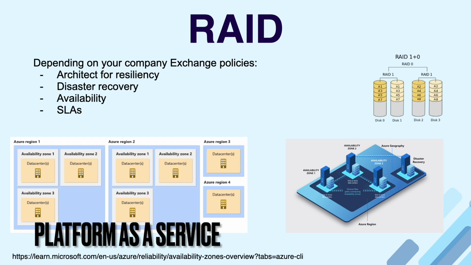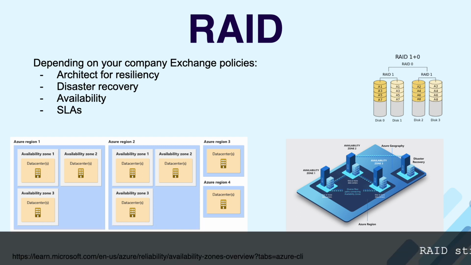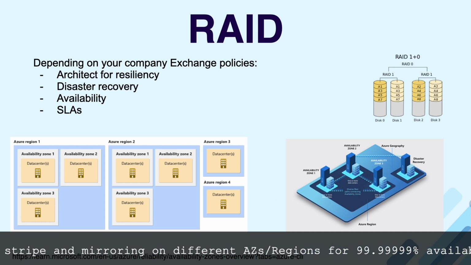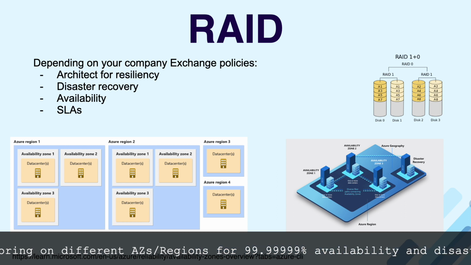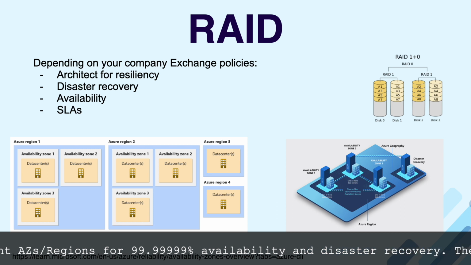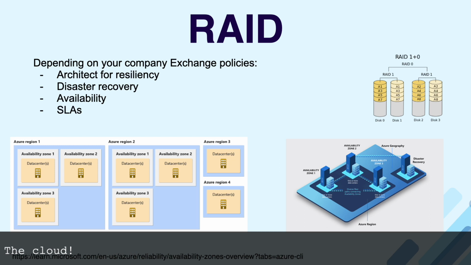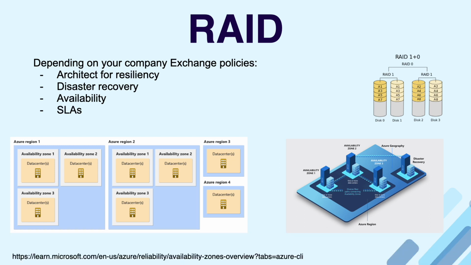In my opinion, the main database is a striped database, and then that striped database goes to RAID 10 on different availability zones. It can be within the same region or different regions, depending on the architecture and infrastructure that you have. And this is how the cloud works. So that's why it takes so long. It took me between 4 and 6 hours, up to a day, to see results.